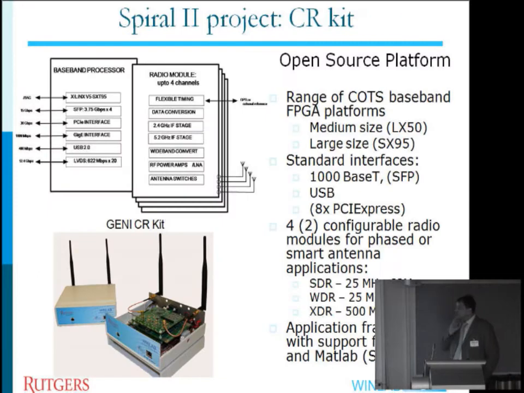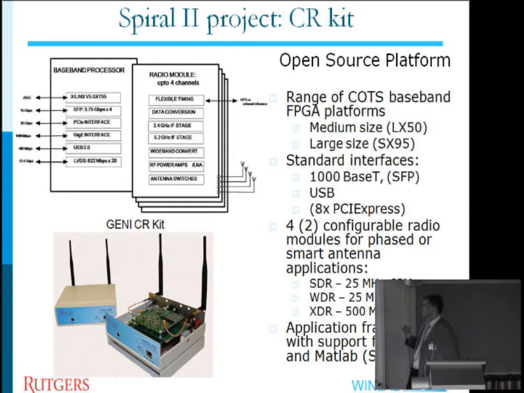Now, the Spiral 2 project that is fairly interesting as far as what we want to do in the future is the cognitive radio kit. The main idea there is that we want to come up with an open source platform that researchers can use to play with waveforms, radios, policies, spectrum access, and all the other nice things that people are talking about.